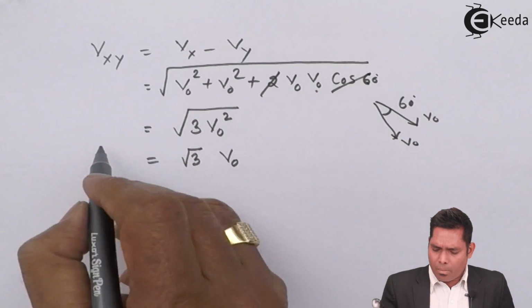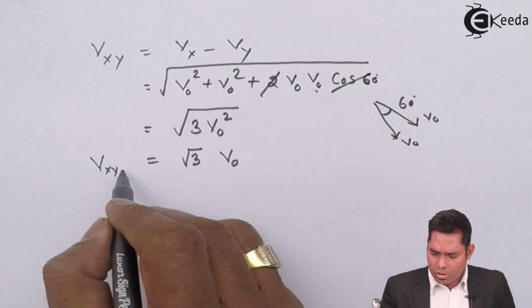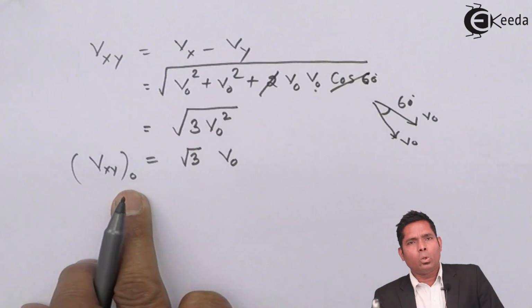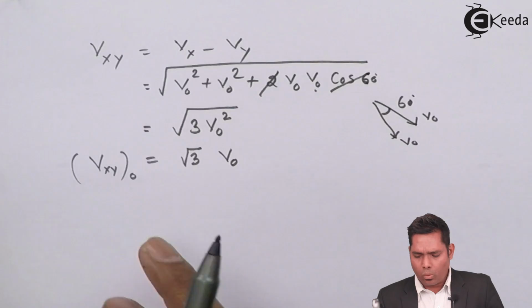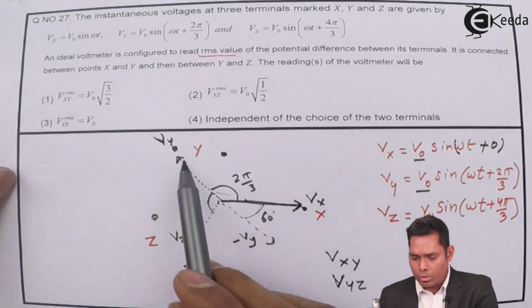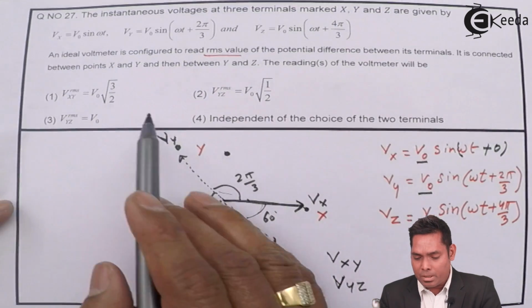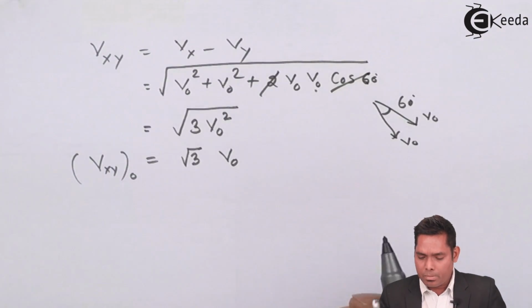So this comes out to be root 3 times V0. This is the peak value of the potential difference between the two terminals. And we are interested in the RMS value because the instrument will read the RMS value.